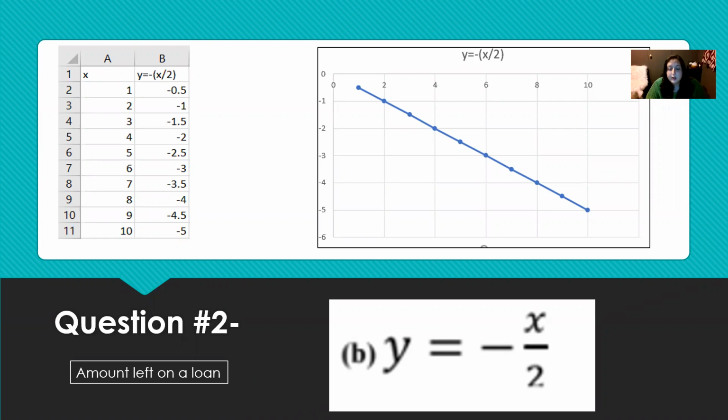As you pay it off, the amount you have left is going to become less. It's not going to become more. And so as we can see over here on this chart, x equals 1, y equals negative half. And where we've got x equals 2, we've got negative 1. So this shows on the graph on the right how the line will keep going down.